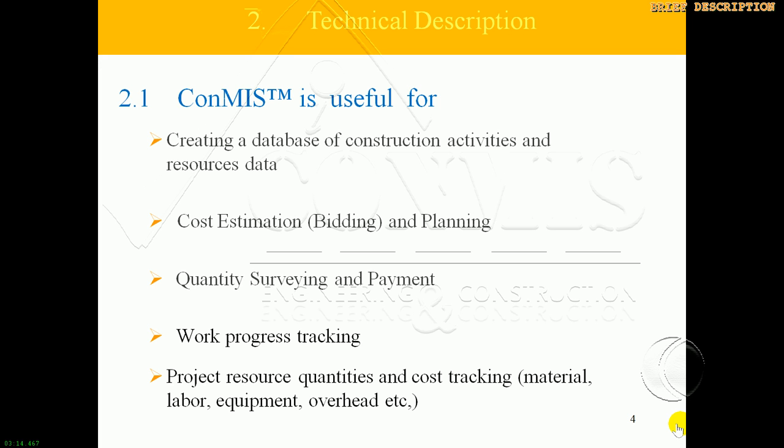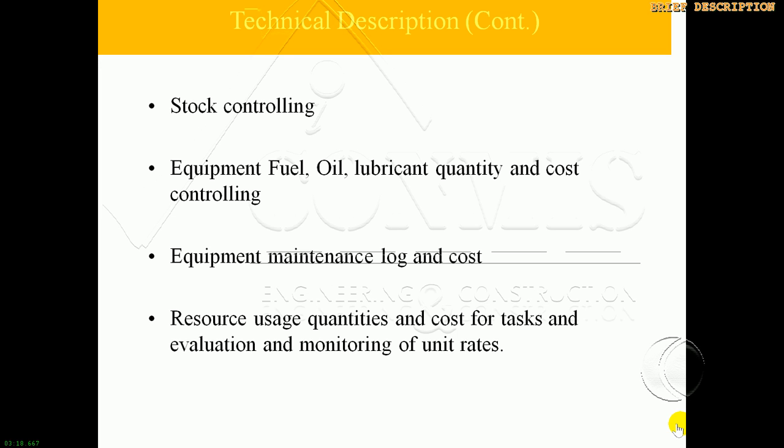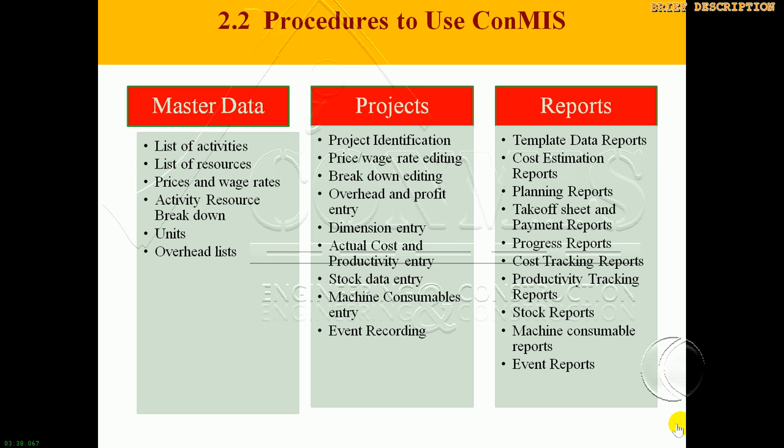It tracks work, progress, and costs. It has stock monitoring. And with this system, you can manage fuel consumption for machines. And finally, you can create your own standard. These are the benefits and advantages of the system.